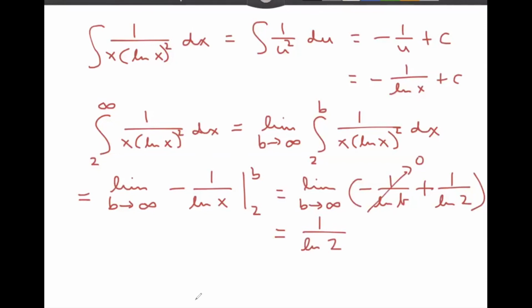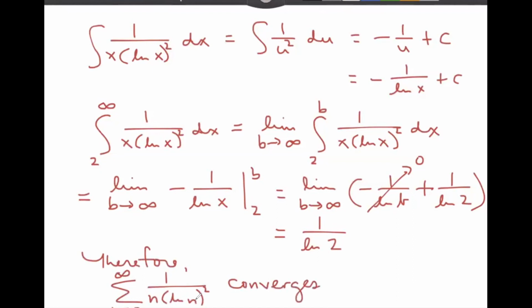So what I'm going to say is, therefore, the series n equals 2 to infinity, 1 over n natural log n squared, converges by the integral test. Okay, and I want to point out that we have no clue what this series converges to.